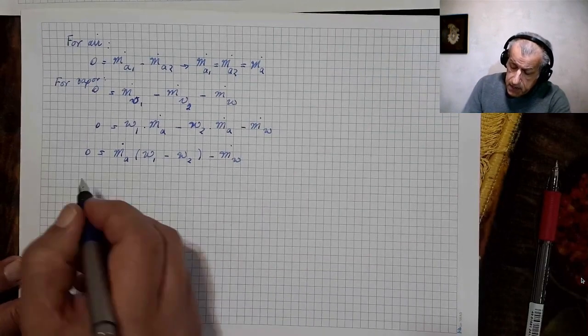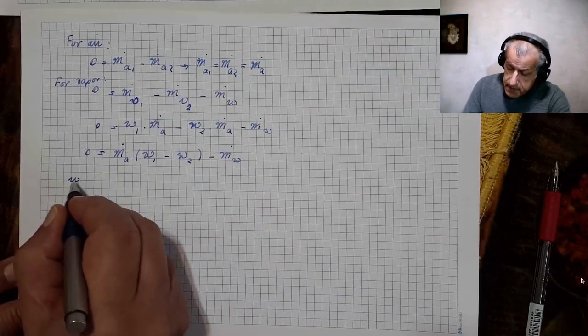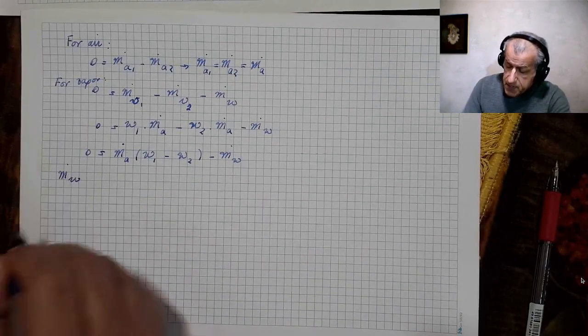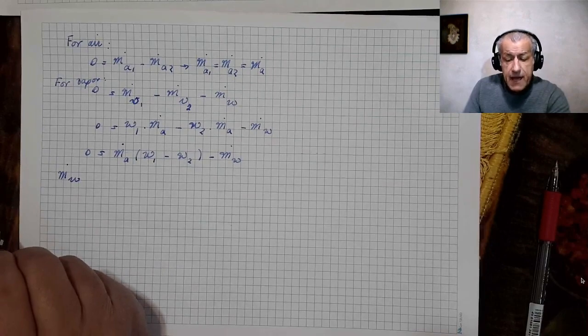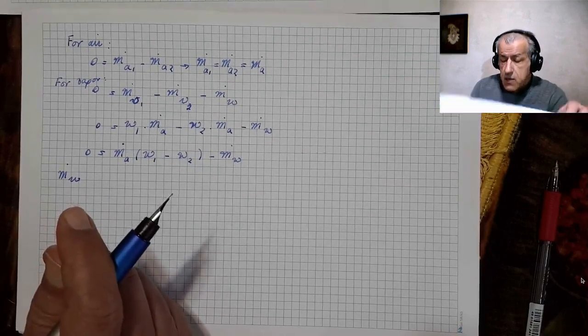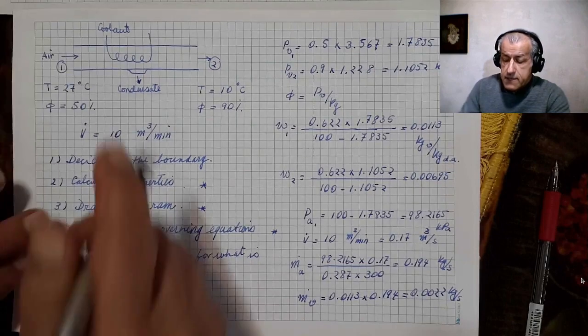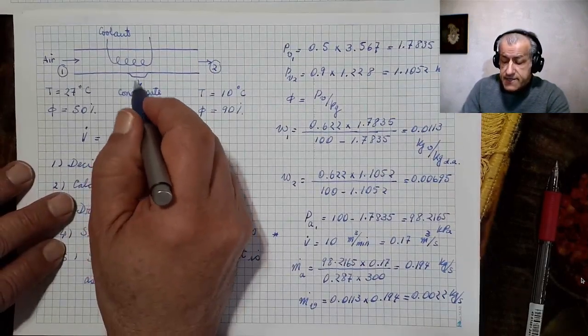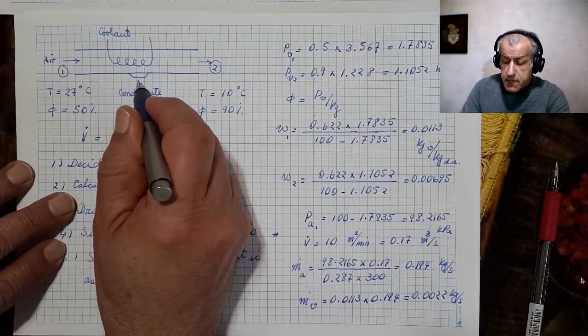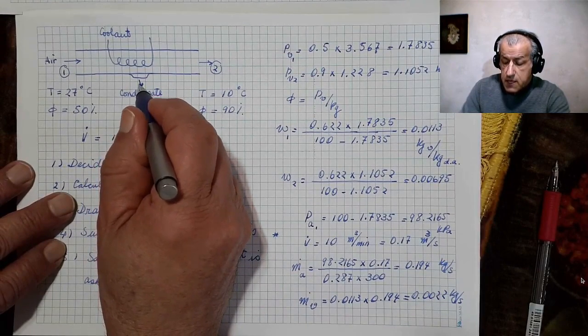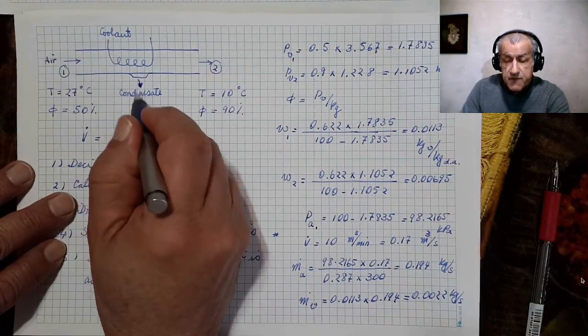And here we just can calculate that m dot W, which is the mass of extracted water, the so-called condensate, is the water that goes out from a different point.